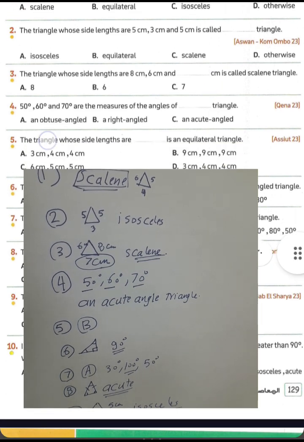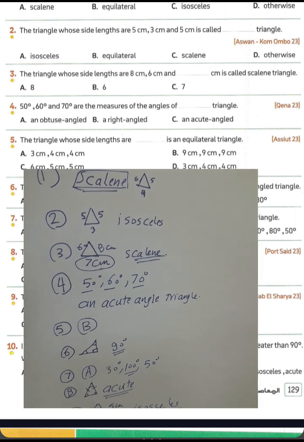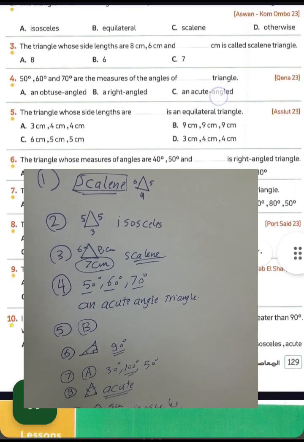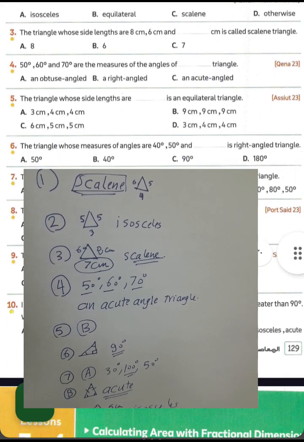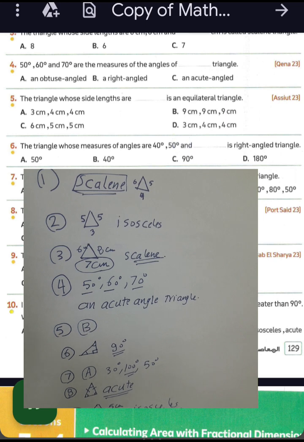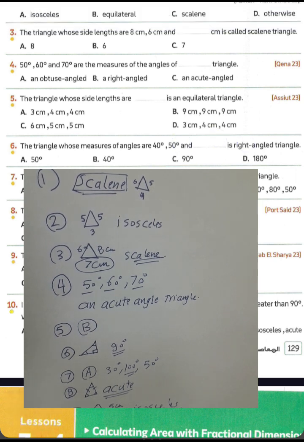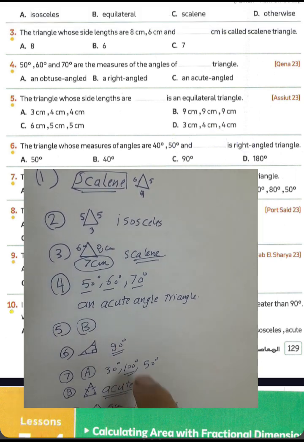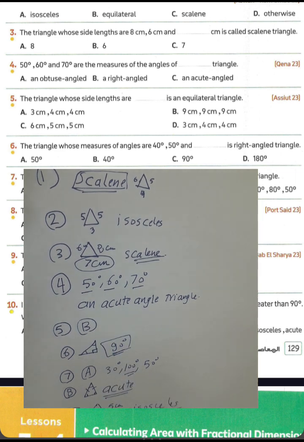Question 5. The triangle whose side lengths are blank is equilateral. Equilateral means all sides are equal in length. Choose letter B. Question 6. The triangle whose angle measures are 40, 50 and 90 degrees, we call it a right angle triangle. The measure of the vertex here will be 90 degrees.